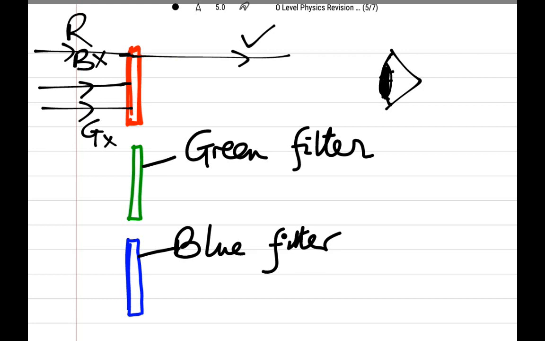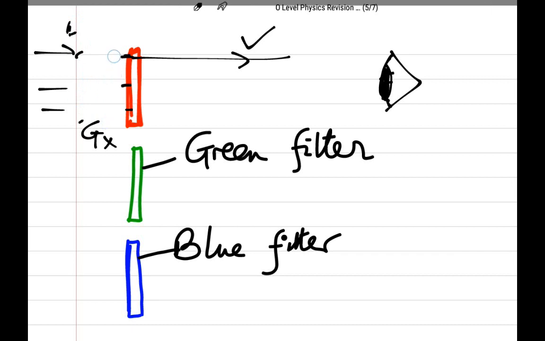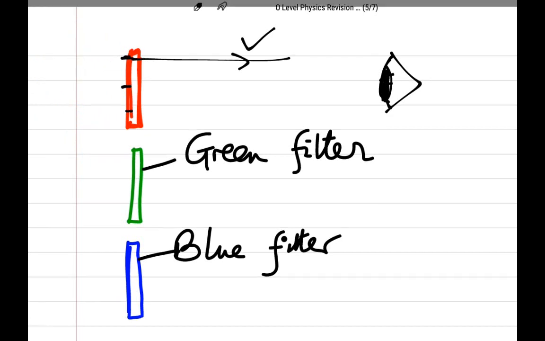Now the confusing cases are when they give something like, let me clear here so that you can see. Now what happens if magenta light is incident on a red filter?